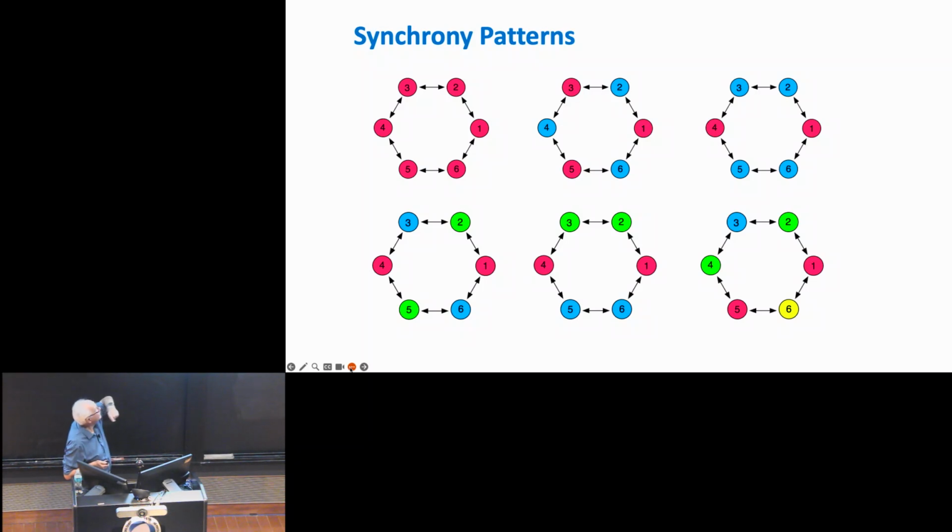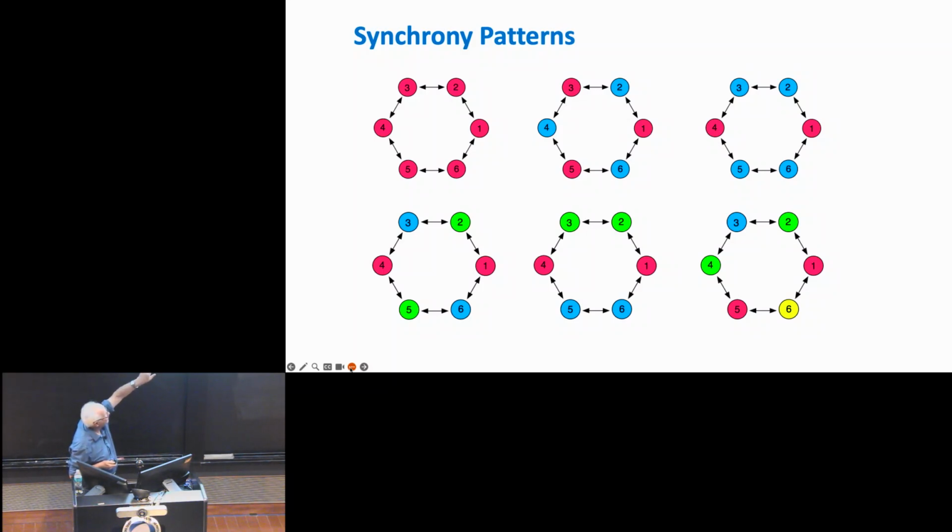This shows 6 of them. If we take the whole group and look at the orbits, that is all the nodes, so all 6 nodes are synchronous. If you looked at the dynamics, they would all have exactly the same time series.